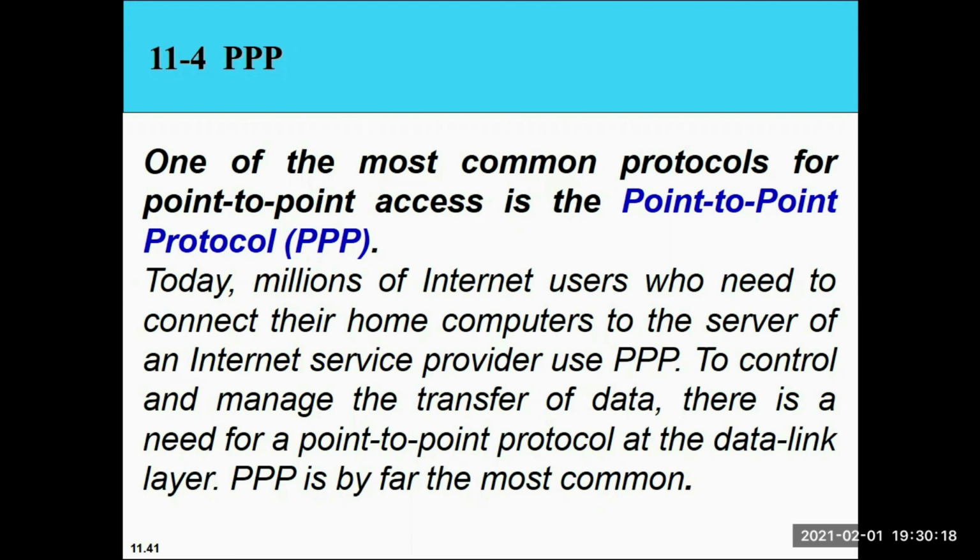Today, millions of internet users who need to connect their home computers to the server of an internet service provider use PPP. To control and manage the transfer of data, there is a need for a point-to-point protocol at the data link layer. PPP is by far the most common.